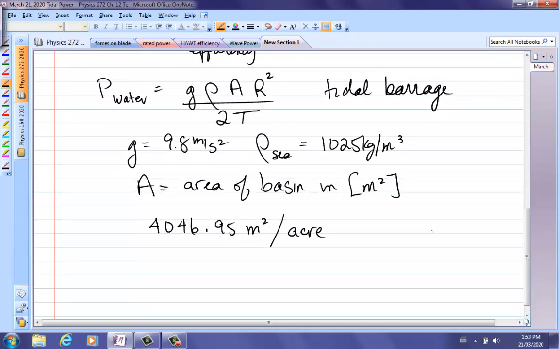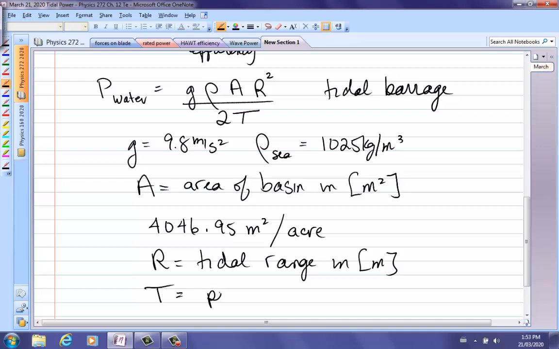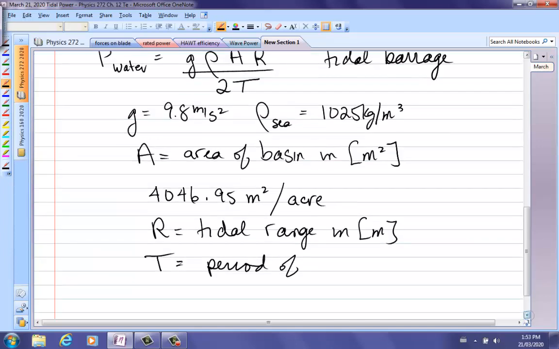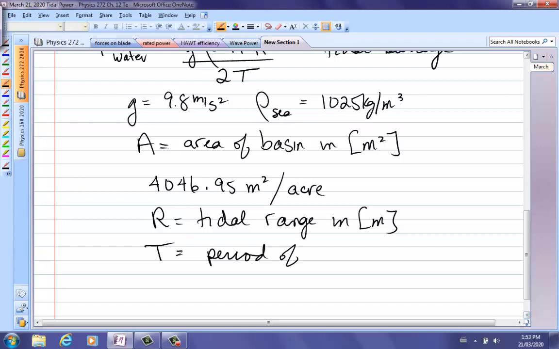So that's g, that's rho, that's A. R is the tidal range, so that's the distance between high tide and low tide, in meters. And T is the period of the tides. It may be 24 hours, that's 1 tide per day, or sometimes like 10 or 11 hours, which is 2 tides per day. So this is the period of tides in seconds.